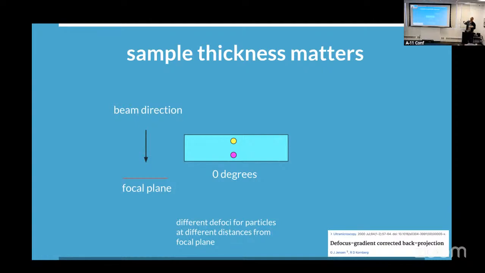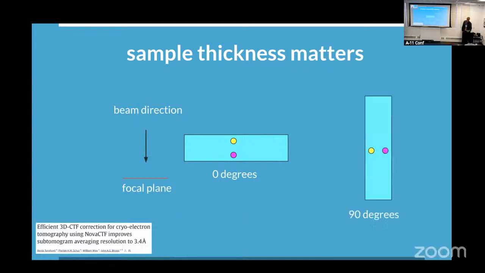If we say that in the center of the reconstruction we have a plane that we estimate to be at 1 micron defocus, then as we move up, we would shift that by the physical distance that we've moved up. We'd say, oh, we're at 1.01 microns defocus. And as we move down, we would say, oh, we're at minus 0.01, so 0.99. And then as we rotate the sample, we just do the geometry and look at how things change.